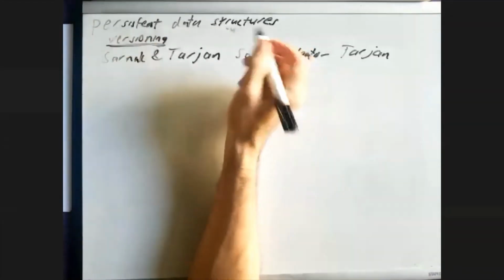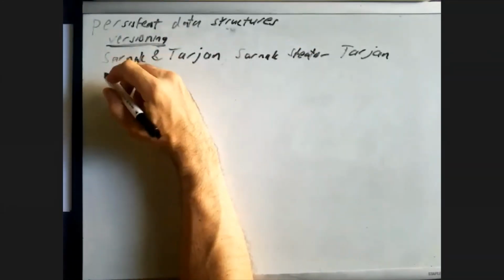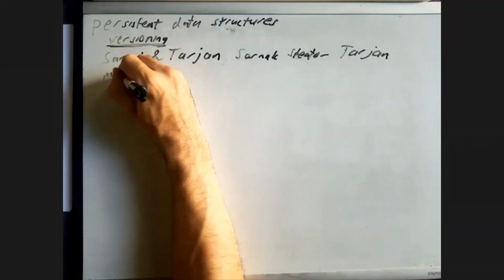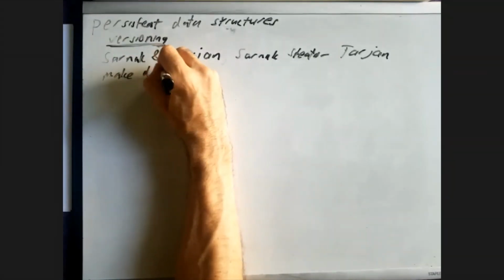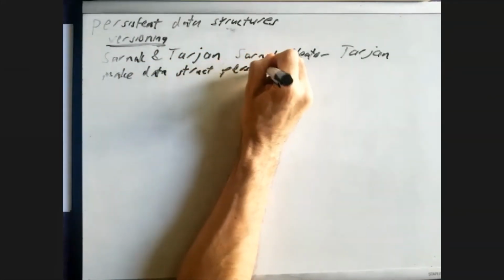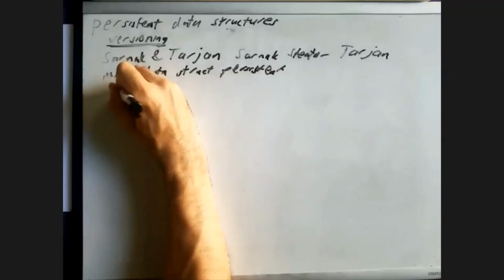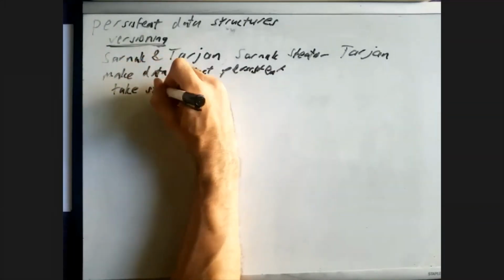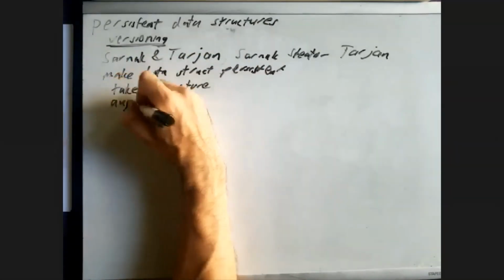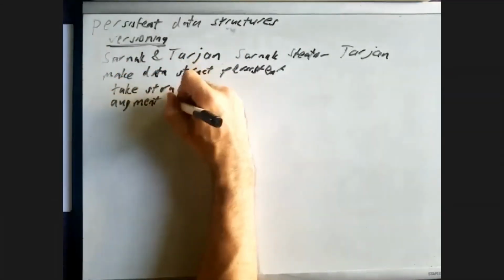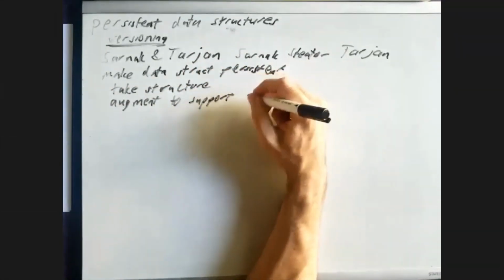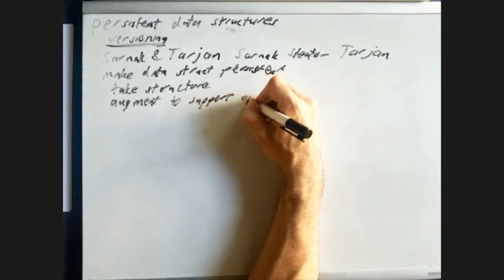So what Sarnak and Tarjan proposed to do was make data structures persistent. And what this means is you take any old data structure, and you augment it to support operations on past versions.